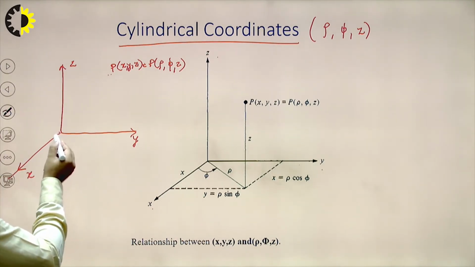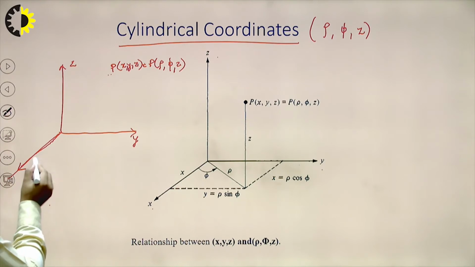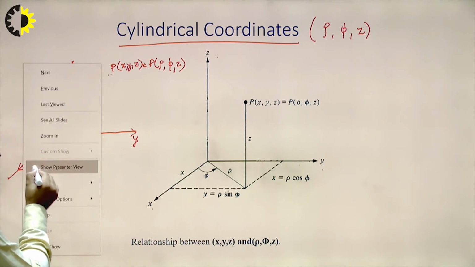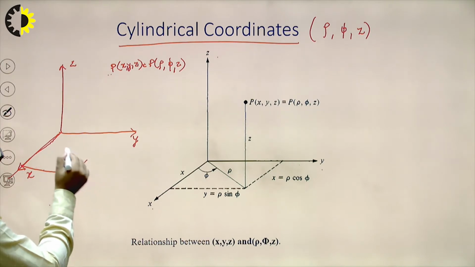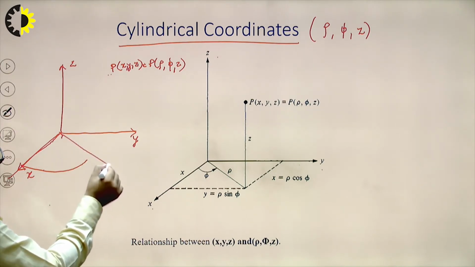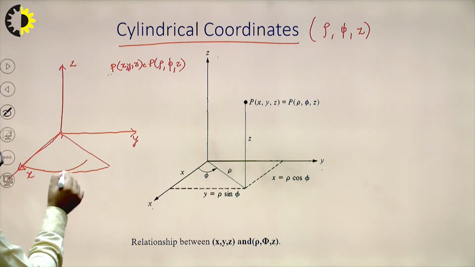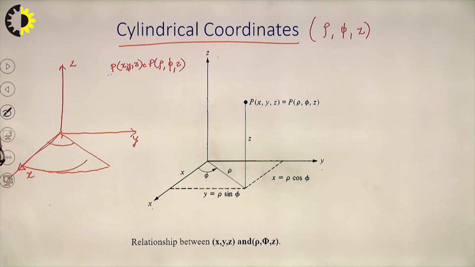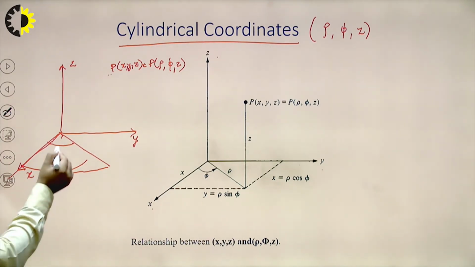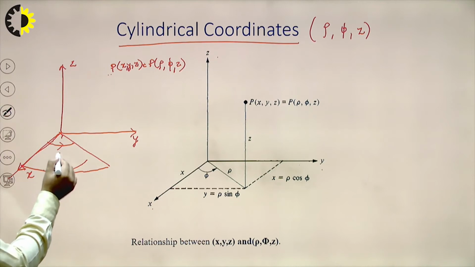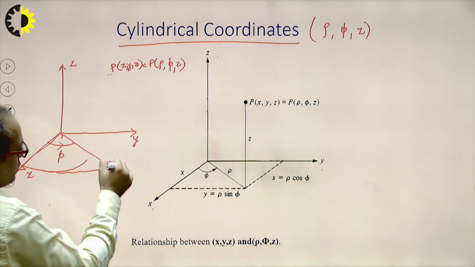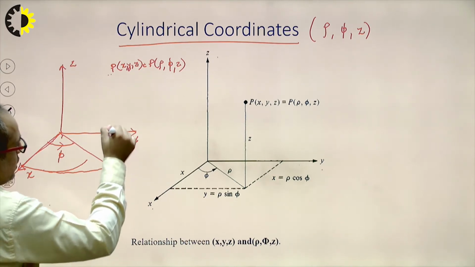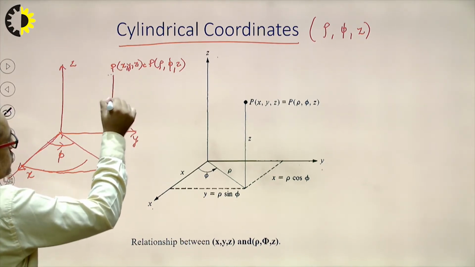First I will reach this point, then I will take a turn in an arc, and at this point this angle is phi, and then I will go from here and reach this point.